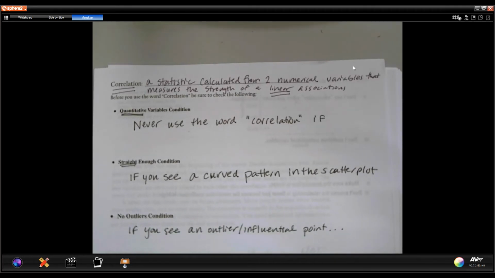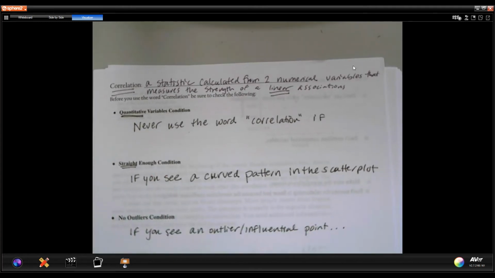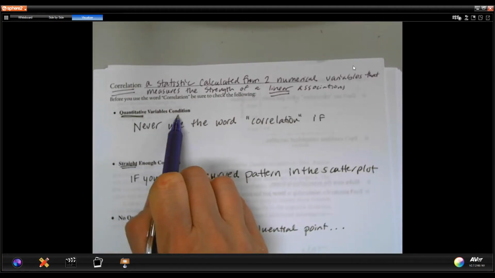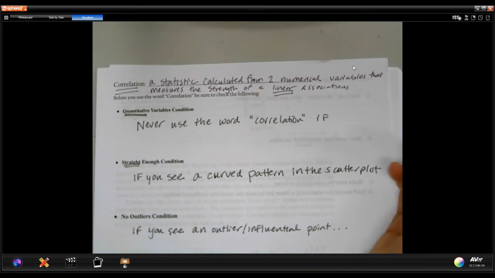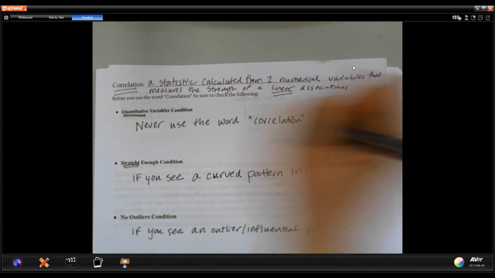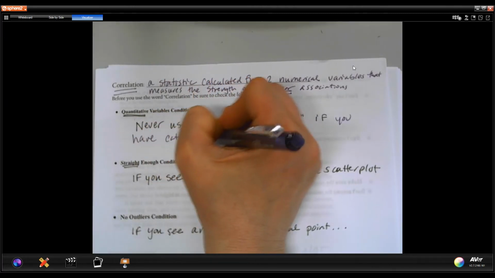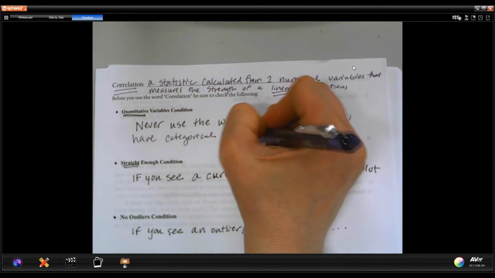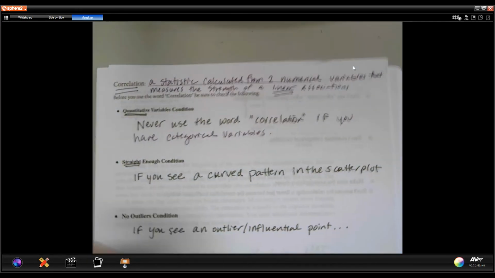Okay, so before we can use this word correlation, we need to check the following conditions because we can't use correlations for everything. It has to be quantitative variables. Never use the word correlation if you have categorical variables. If either one is categorical, don't do it.